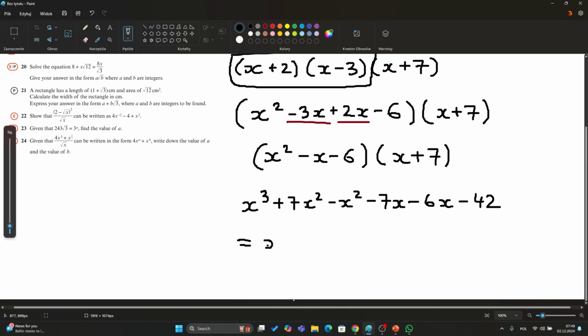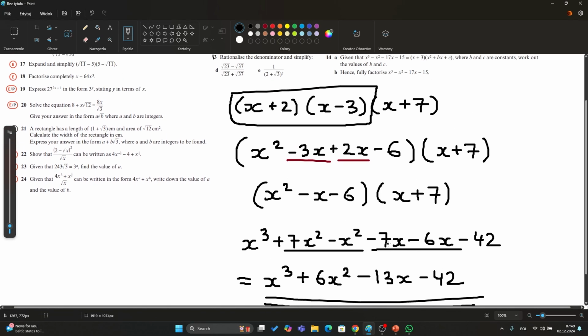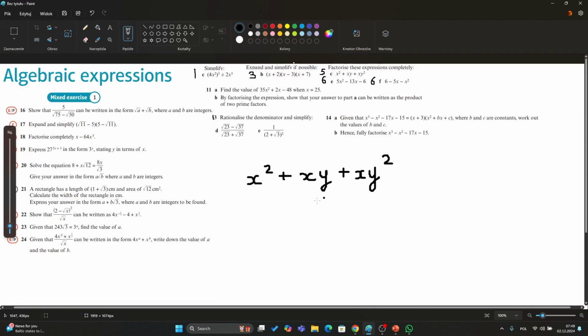Collecting the like terms, 7 minus 1 is 6, so 6x squared, and minus 7x minus 6x is minus 13x, and we minus 42. So this is the answer for expanding x plus 2, x minus 3, x plus 7.